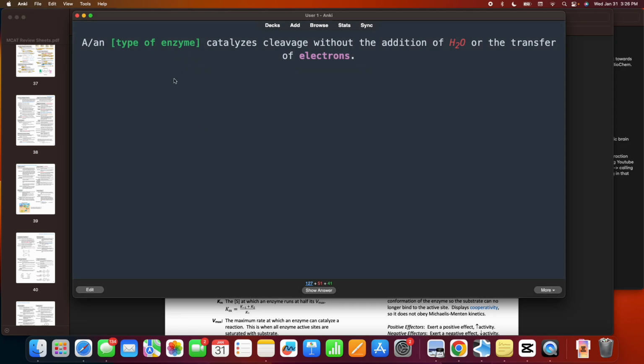What type of enzyme catalyzes cleavage without the addition of water or the transfer of electrons? So you don't need to add water or transfer electrons to cleave the bond, it should be a lyase.